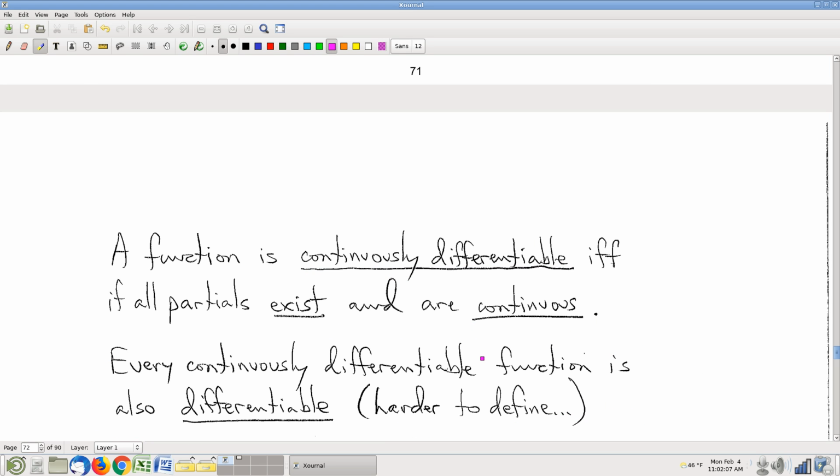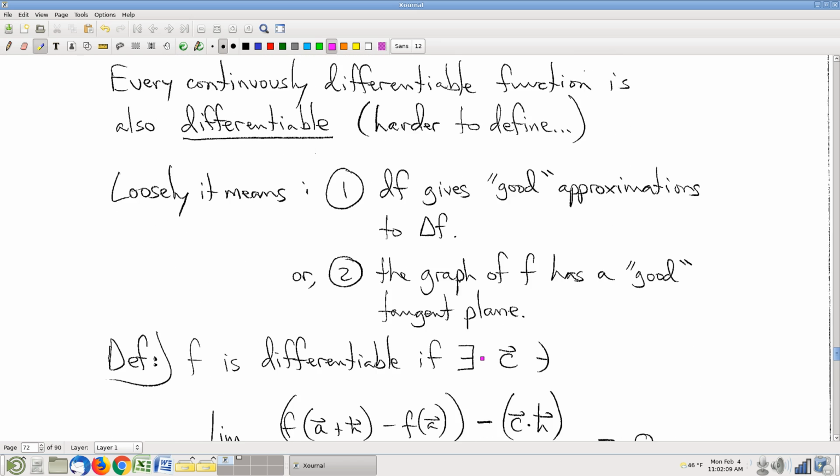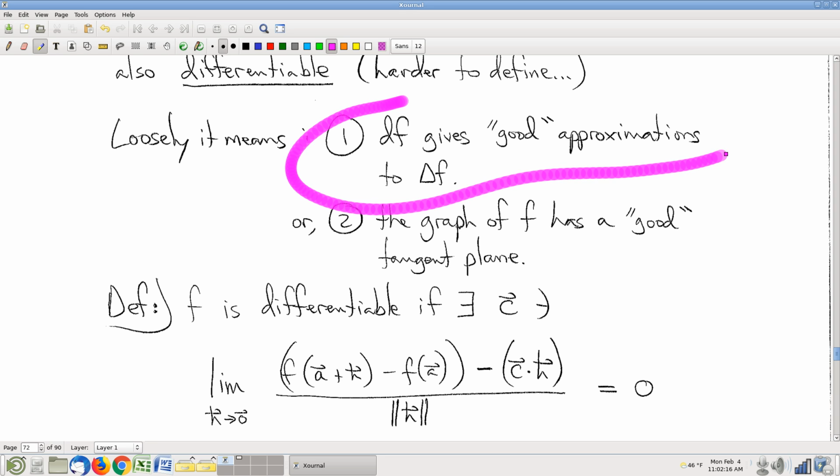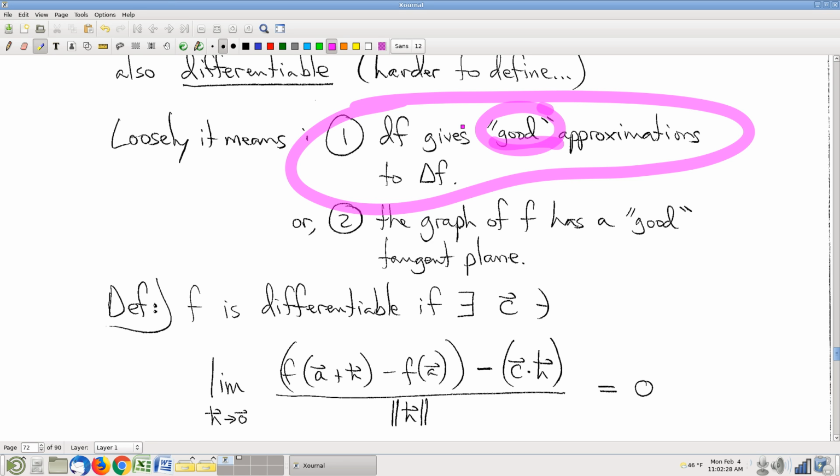Now I'm going to say a couple of words, though, about what differentiable means. This is all going to have to be pretty ambiguous, but we've got this formula for linear approximations, and in a very important and meaningful sense, it means that the "linear approximation gives you good approximations." And you'll note I put that in quotes because I'm not going to define what that means. In a very reasonable way, that is what differentiable means.